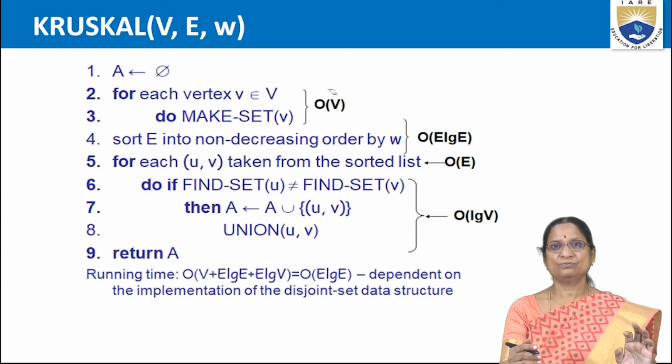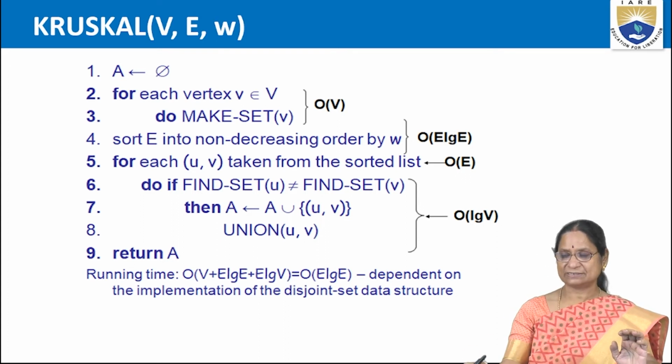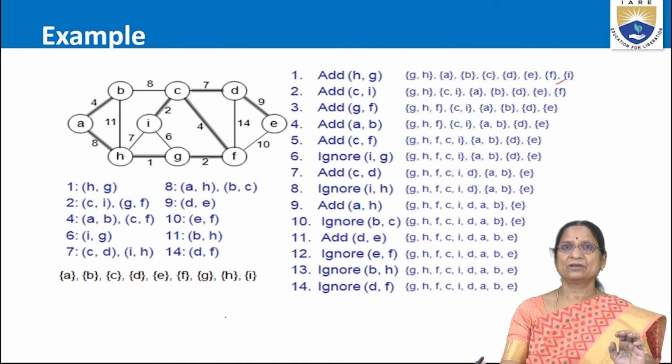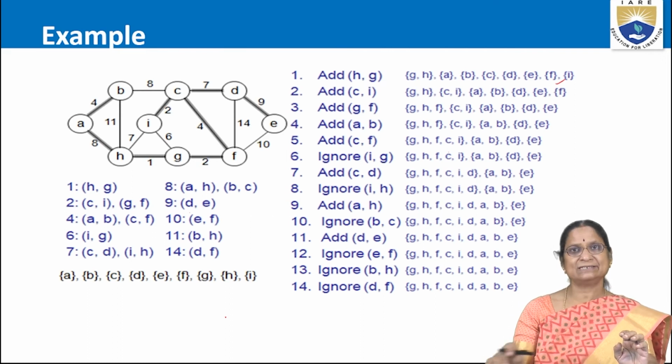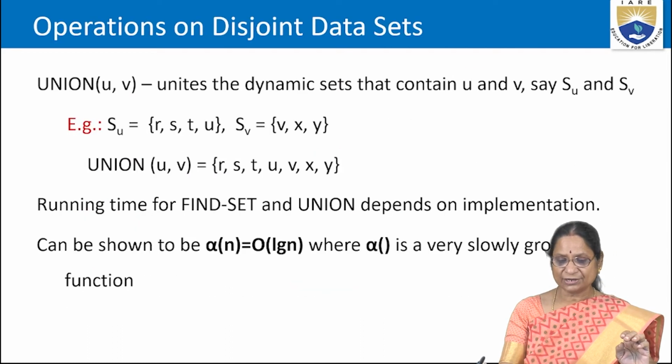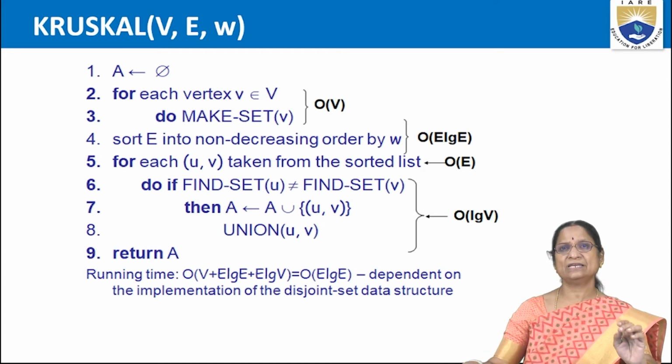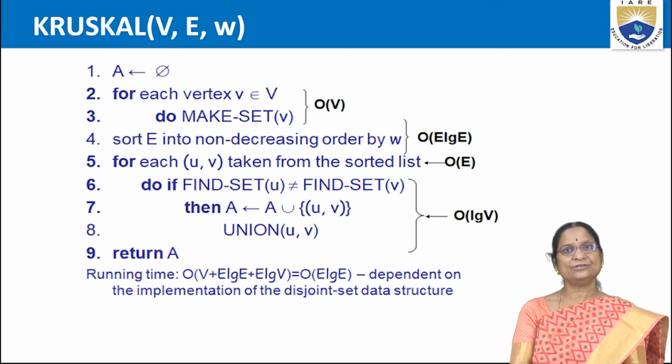Next, what are we supposed to do? We have to sort all edges, which we have done in the previous example. I arranged all these edges in sorted order. When we would like to do this sorting, I can use any sort algorithm, or I can use a priority queue also, and the respective complexity has to be considered.